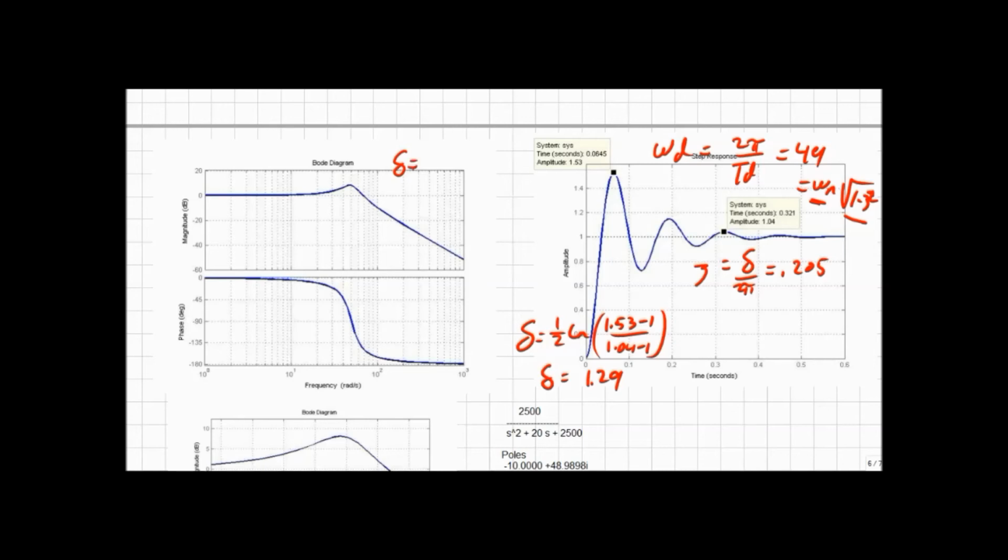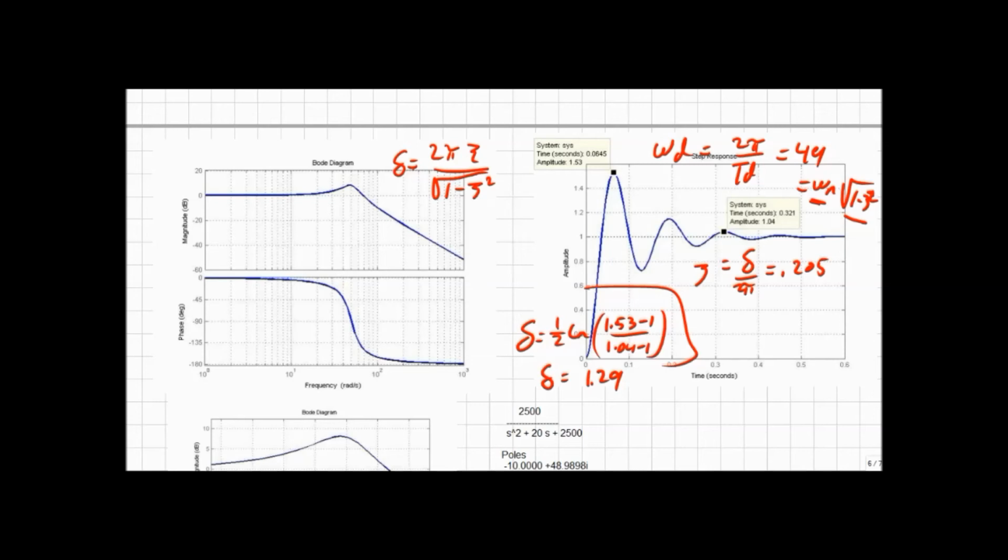Delta equals this quantity here, which is equal to 2 pi zeta all over the square root of 1 minus zeta squared.